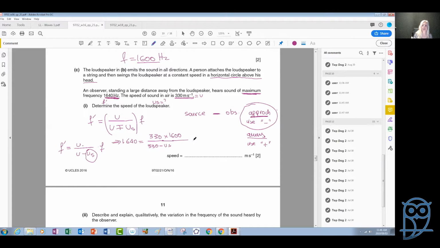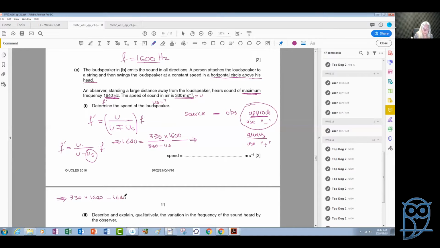So if we do the calculations, that will be 330 times 1,640 minus 1,640 times Vs, the speed of the source, and this is 330 times 1,600.